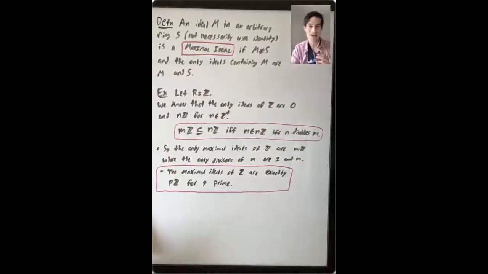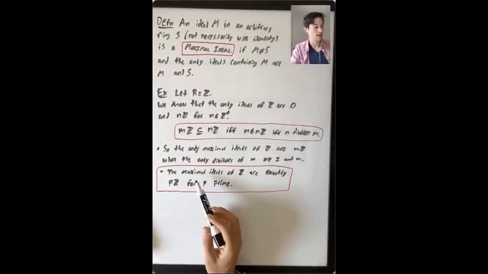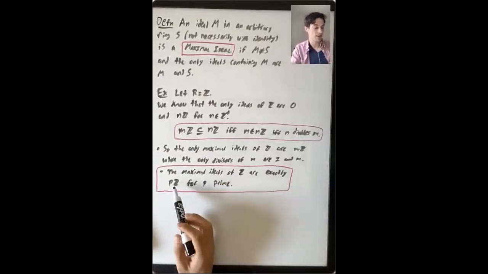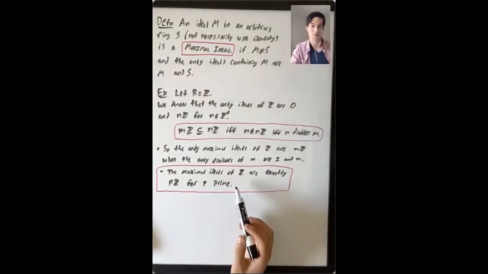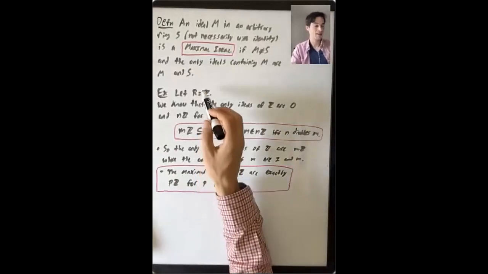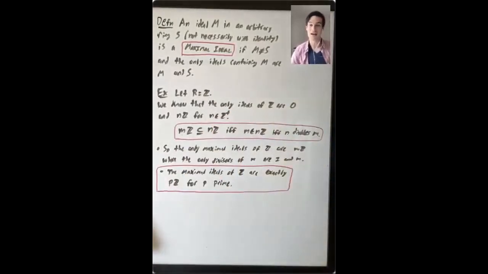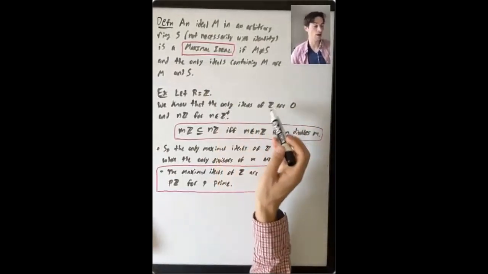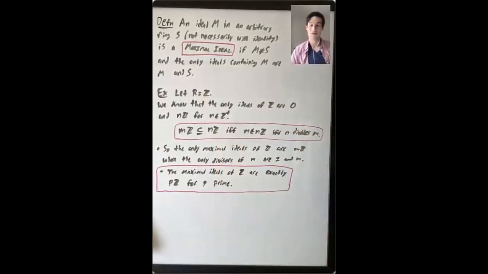But we already have a name for a positive integer whose only divisors are 1 and itself. That's what it means to be prime. So the maximal ideals of Z are exactly pZ, where p is a prime. This is an example where we can classify all of the maximal ideals pretty easily because we know what all of the ideals look like. For more complicated rings, it's not so easy to say what all of the maximal ideals look like.